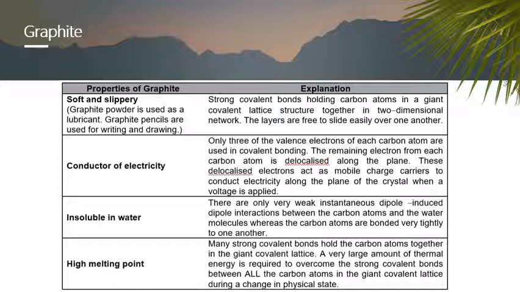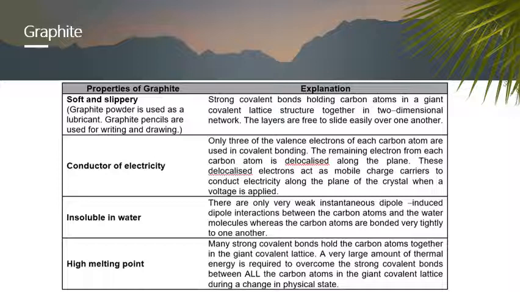So what are the properties of graphite? Well, they are soft and slippery because although the covalent bonds between the carbon atoms in the plate are strong, each plate can then slide past each other because of the weaker instantaneous dipole-induced dipole interaction. They conduct electricity because the electrons are delocalized along the planes, and these electrons can act as a mobile charge carrier.